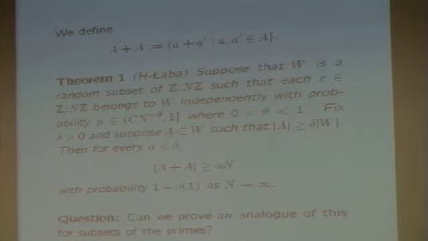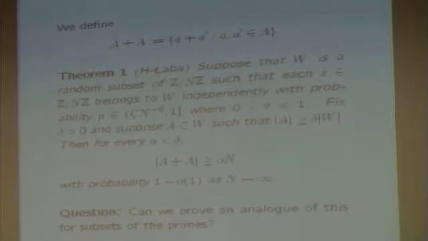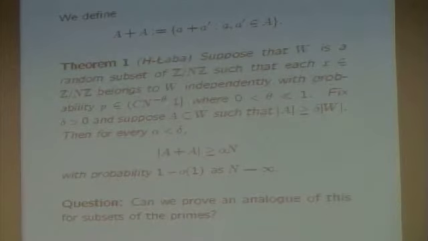And this holds with probability approaching 1 as N goes to infinity. So here we take A to be a subset of W, which has positive relative density, and then we show that we can get positive density in Z mod NZ.